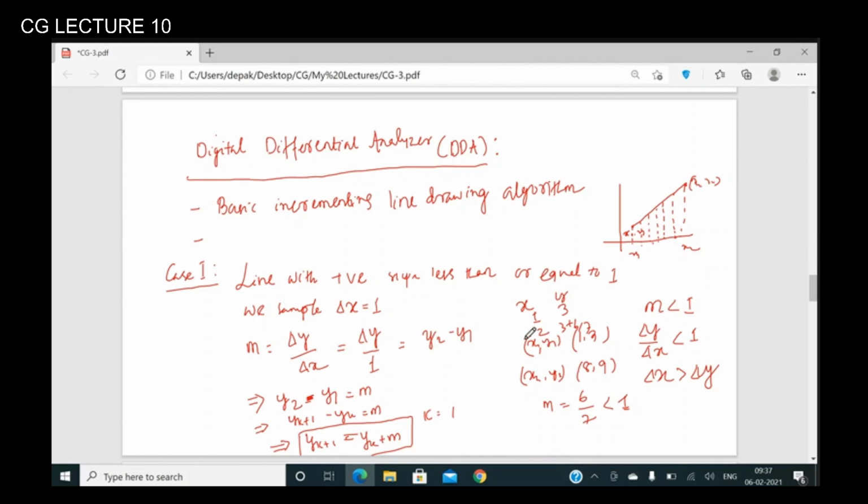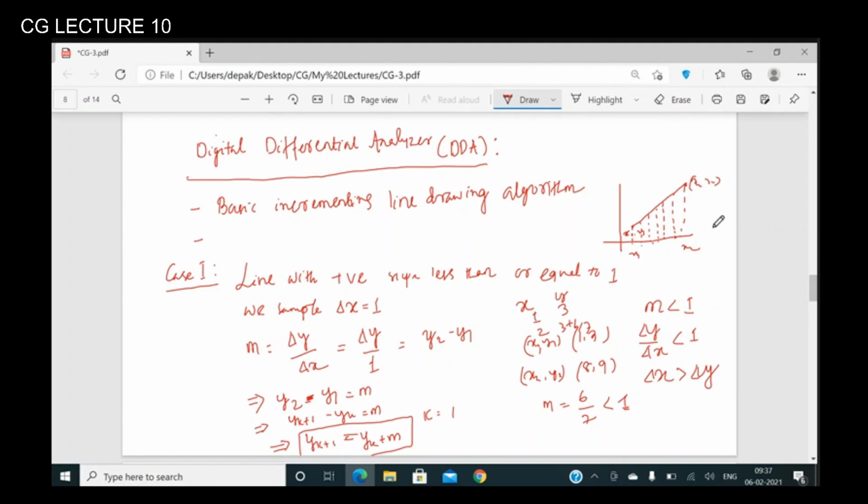There are several points in between. We do not know how many pixels we will be drawing. Mostly the number of steps will be equal to the number of pixels, which is nothing but del x, right? We'll see it later on.